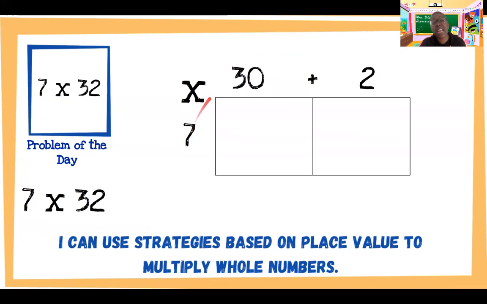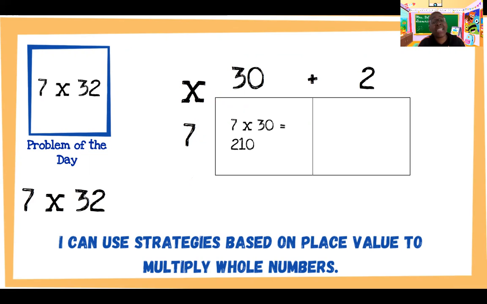We have 7 times 30. What is 7 times 30? Well, if we want to do this quick mentally, we only need to know what 7 times 3 is. And what is 7 times 3? Did you say 21? If you did, you're absolutely correct. If 7 times 3 is 21, then that means that 7 times 30 is 210.